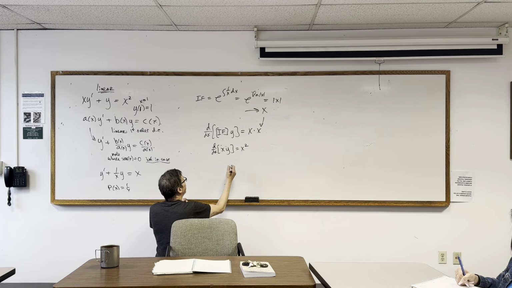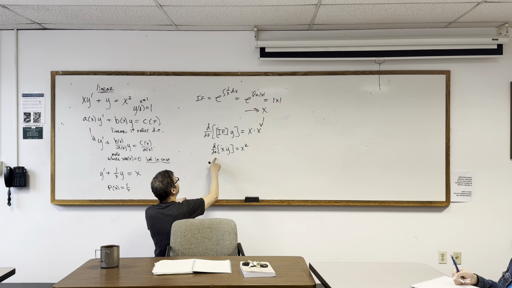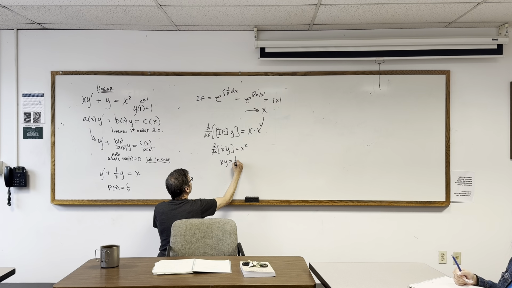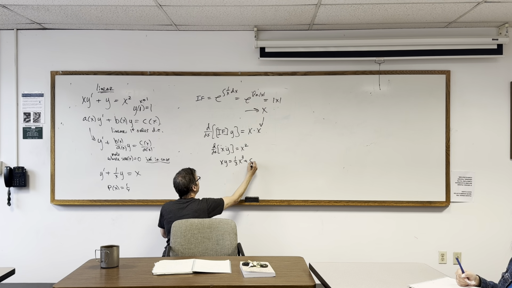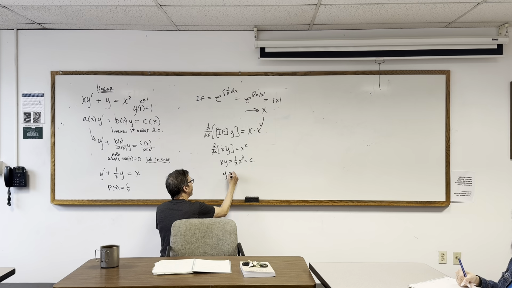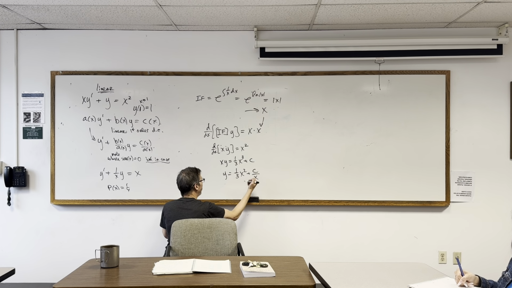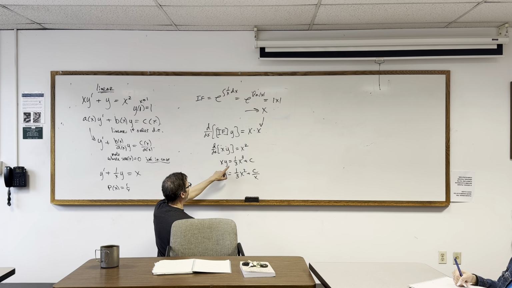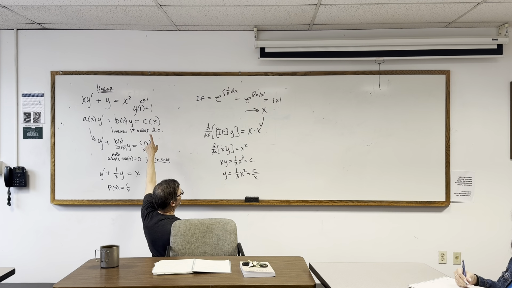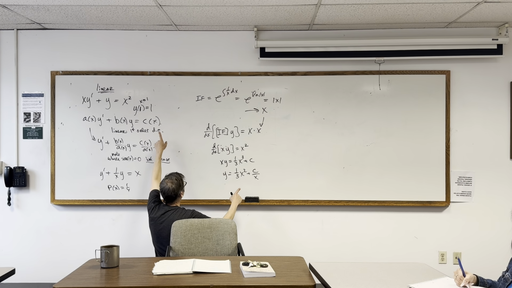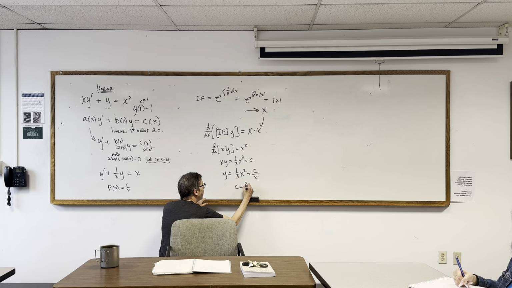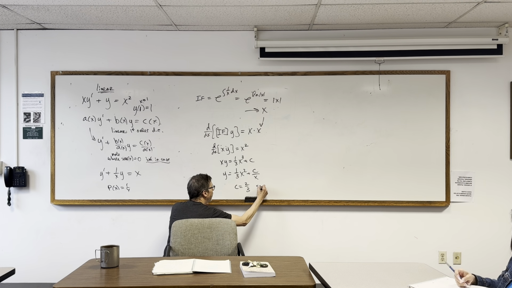And now I'm going to take the integral with respect to x, and that's going to turn into xy equals 1/3 x cubed plus c. And now I'm good to go. Divide through by x squared. So I just wanted to do another example too. Looks like c is going to be 2/3 to make that initial condition work.